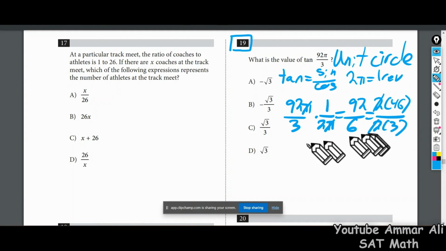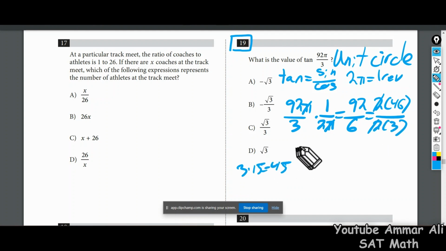So the 2's cancel out, and then 46 over 3. Well, I know that 3 times 15 is equal to 45. So if we write it as a mixed number, it's going to be 15 plus 1/3, right? So that's how many revolutions we went around the unit circle. We went 15 revolutions and then 1/3, right? And this is all in radians, so we just need to remember that we're looking at radians.